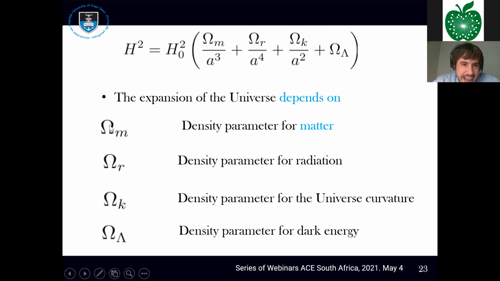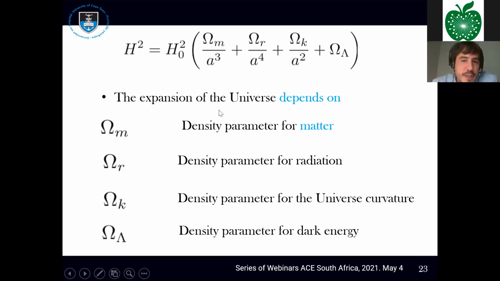These constants are the density parameter for matter, the density parameter for radiation, the density parameter for the universe curvature, and the density parameter for dark energy. So the rate of expansion is determined by these constants.